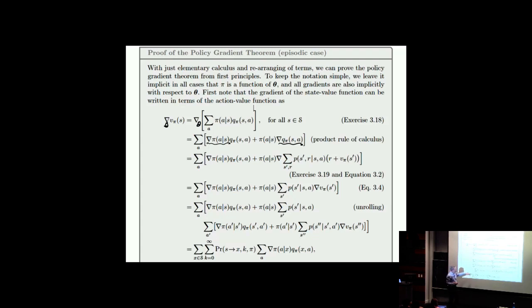And if we expand that recursion, we eventually get the sum over states x, times the sum over k, where k ends up being how many steps into the future we go. Because you can see that as we start expanding this, we're expanding one step into the future, and then a second step and a third step.